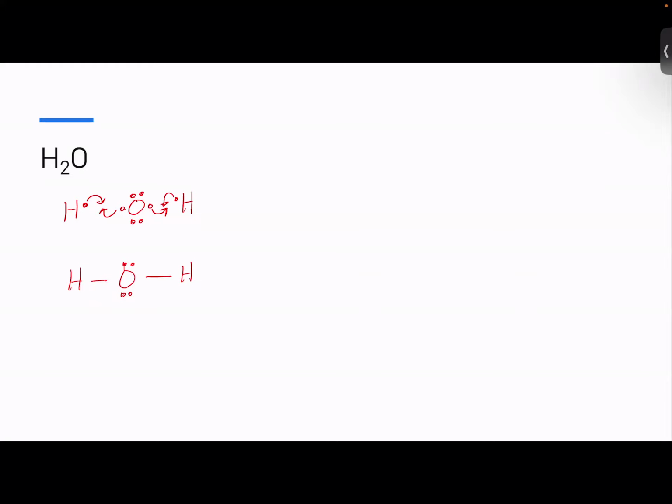Now, the hydrogen on the left views itself as having two valence electrons, so it has a duet of electrons, which means hydrogen is happy. The hydrogen on the right also views itself as having two valence electrons, called a duet. Whereas the oxygen views itself as having 4 electrons in lone pairs and 4 electrons in bonds, so that it has 8 valence electrons, called an octet.